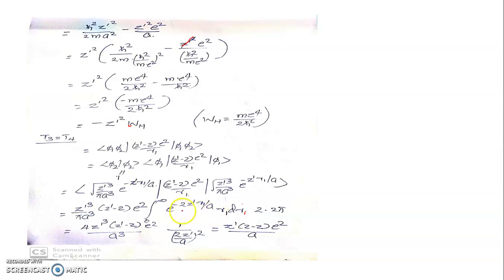Now this integral of e^(−2Z′r1/a) r1 dr is 1 factorial over (2Z′/a) to the power 1 plus 1, that is 2. Upon simplification, Z′³ and Z′² is there in the denominator, Z′ remains, 2² vanishes with 4, a³ and a² vanishes, a remains in the denominator. So this term becomes Z′(Z′ minus Z)e²/a.